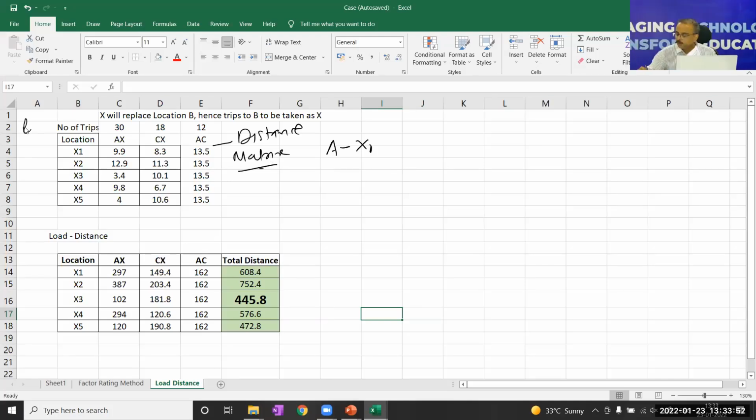This is what? This is the load. Okay. So what will be the distance between A and X1? It's 9.9. Okay. You have to refer to exhibit number 2. So all these distances are given.